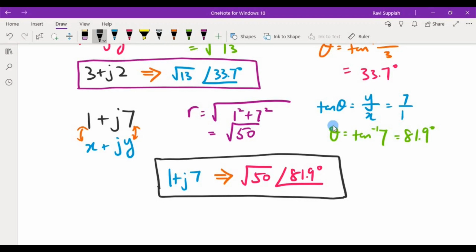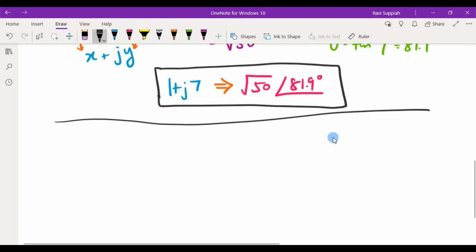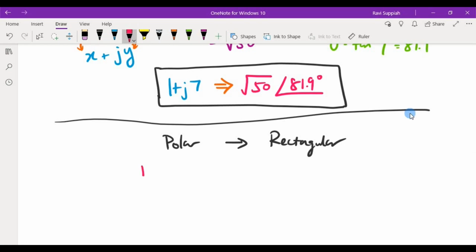Now, since we can convert from rectangular to polar, we must also be able to convert from polar to rectangular. So now we're going to learn how to convert from polar to rectangular. In the polar form, the complex number is represented as r angle theta, and in the rectangular form it is represented as x plus jy.